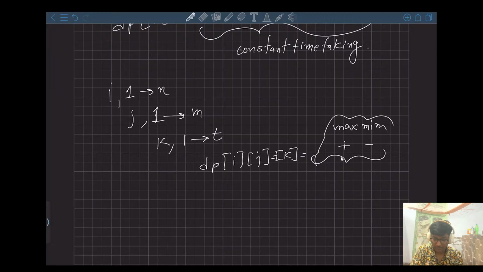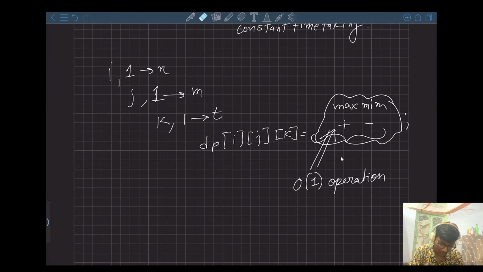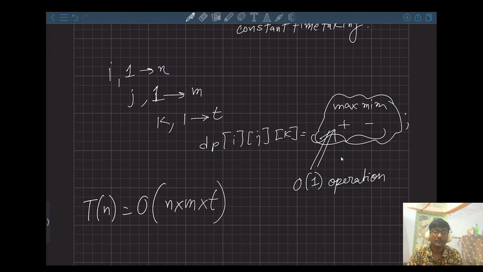Basically, there is no further loop, so this is an order of one operation. In this case, again, the time complexity is the number of states. Here, what is the number of states? i, j, k, so kind of a 3D cube of size n by m by t. So time complexity is approximately order of n m t.